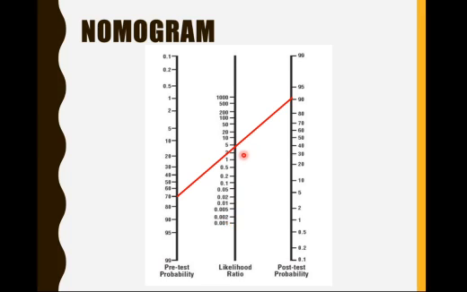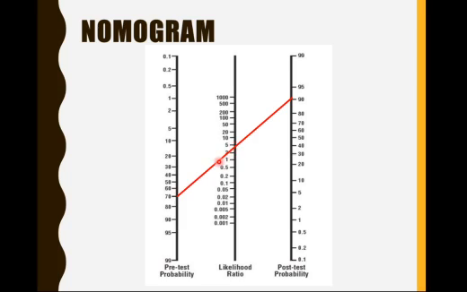Can you recall? Just put a ruler. Actually, the nomogram has a slider, and you can slide it up or down. Now point to the likelihood ratio, that's equal to 5.